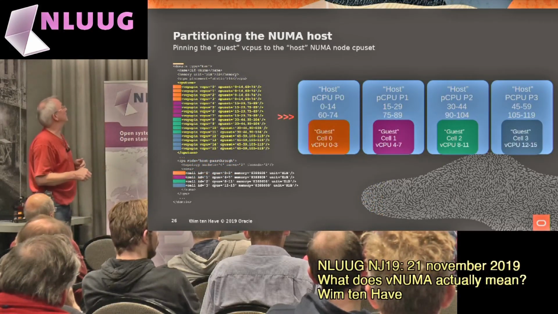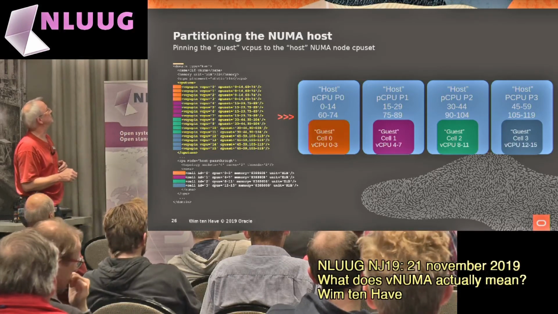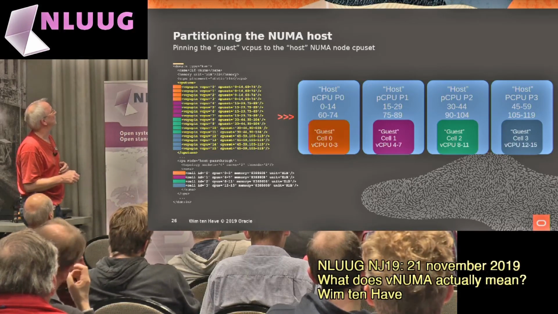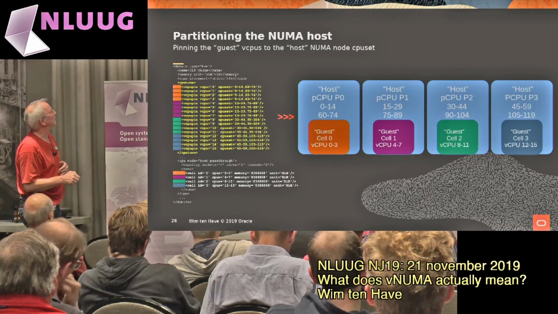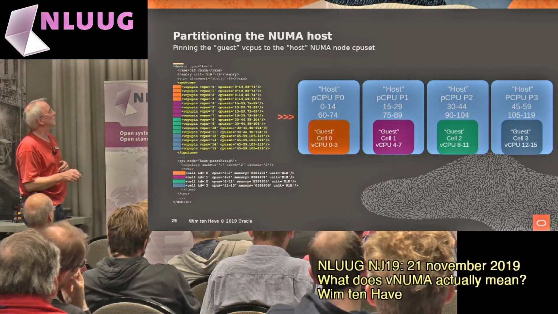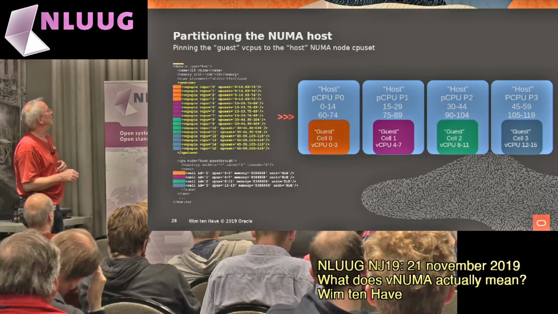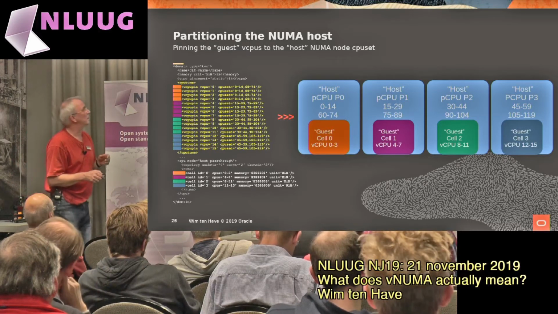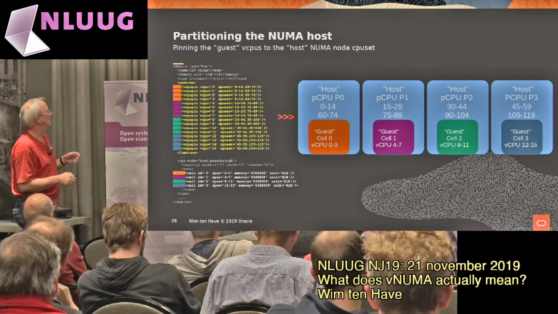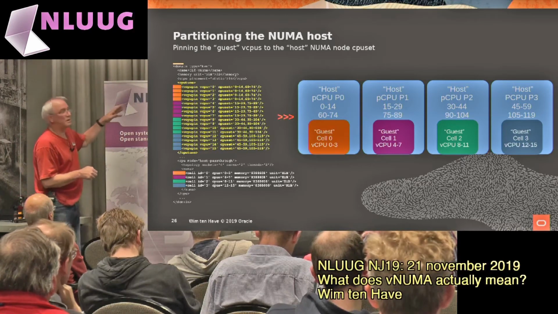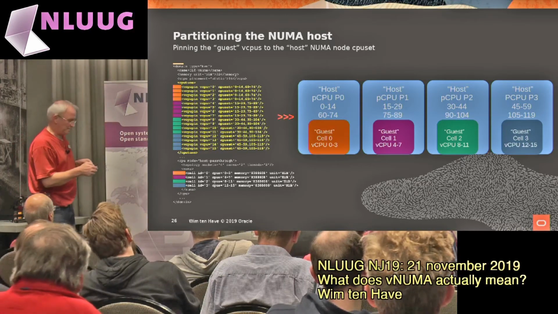So for that, we pin the CPUs. We say 0, 1, 3, and 4 we fit under the CPUs on the NUMA node 0, and 4 to 8, 7 under 1. And I hope the colors illustrate what matches what.